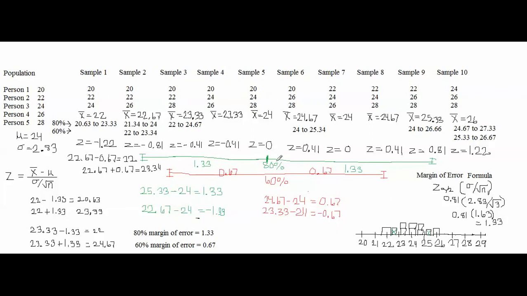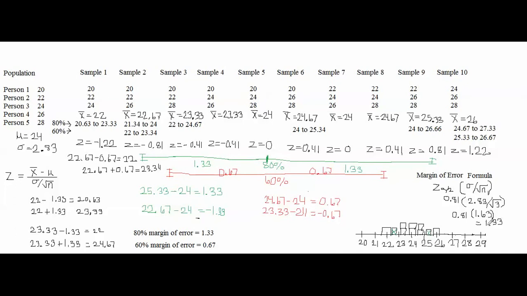We knew what it was by looking at the samples and by finding the distance from the population mean to the endpoints. But this time we just used a formula to get the same number. It's just another way of getting our same answer of 1.33.